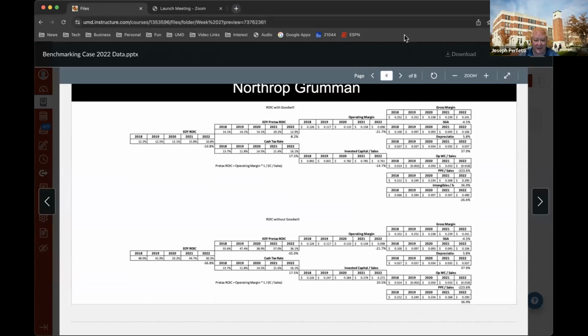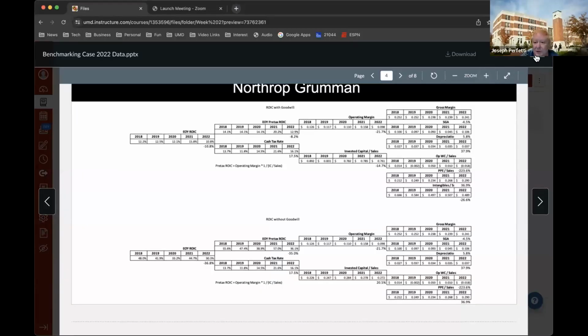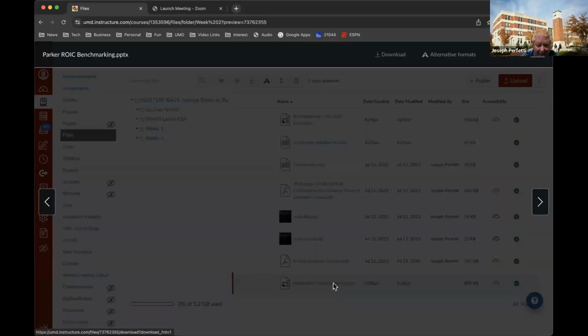That's one part of the exercise. Part two of the exercise is this file, called Parker ROIC Benchmarking.